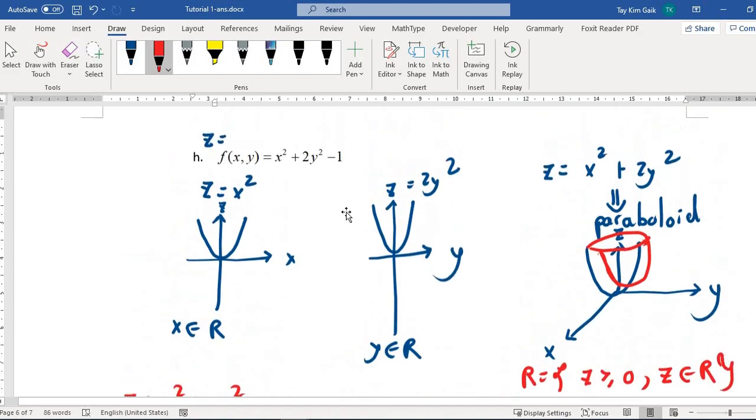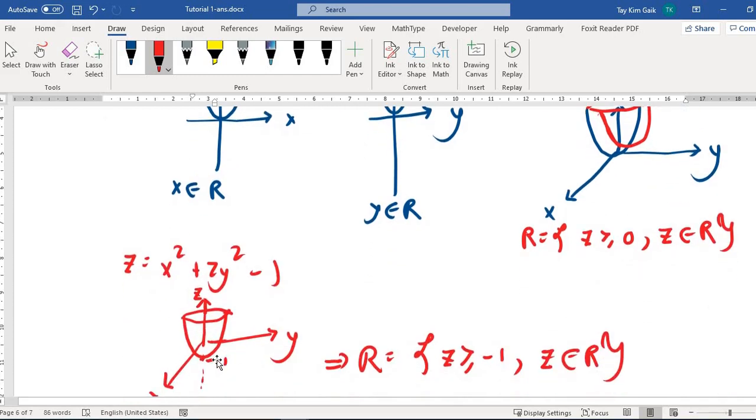Because this graph is a combination of z equal to x squared, which in 2D is one parabola, and z equal to 2y squared, which is also one parabola, when you combine them like this and move z down 1 unit, the whole thing moves down 1 unit. So the range is z greater than or equal to negative 1.